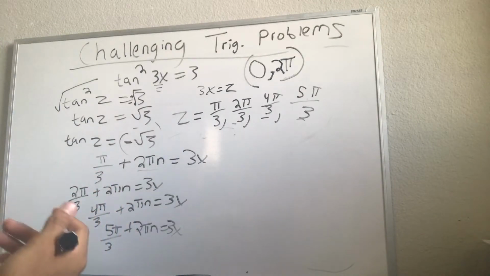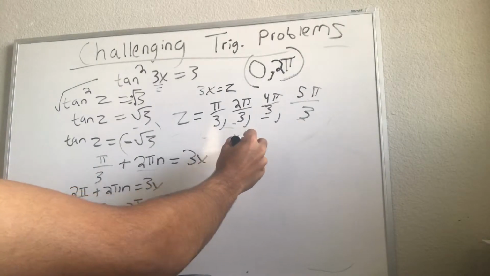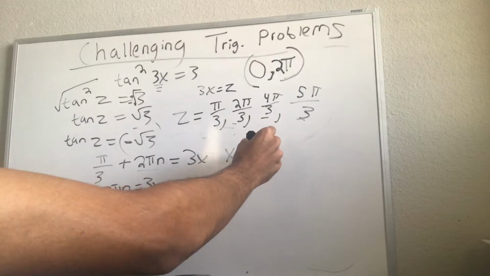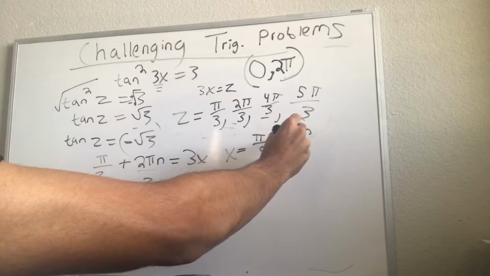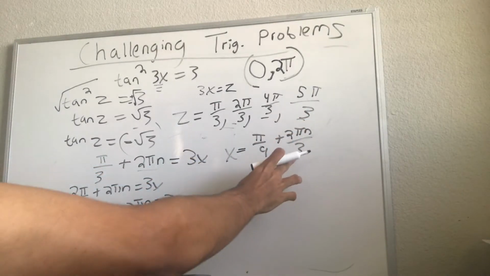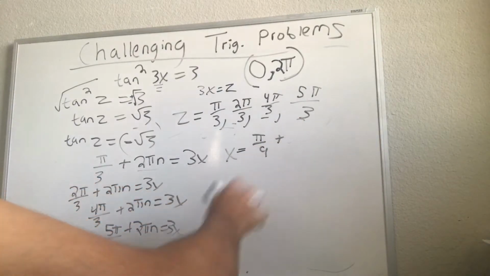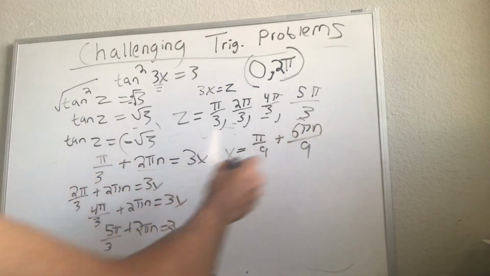After we do this, we get that x is equal to pi over 9 plus 2 pi n divided by 3. Again, you could multiply this by 3, so you really have 6 pi n over 9.